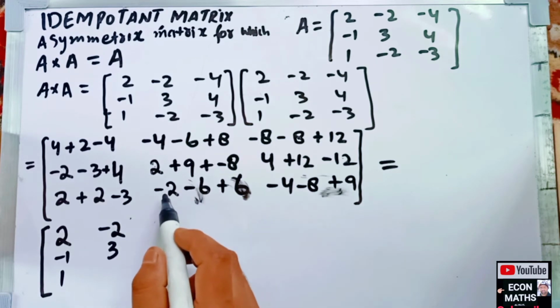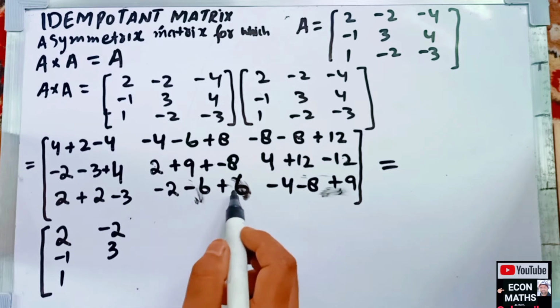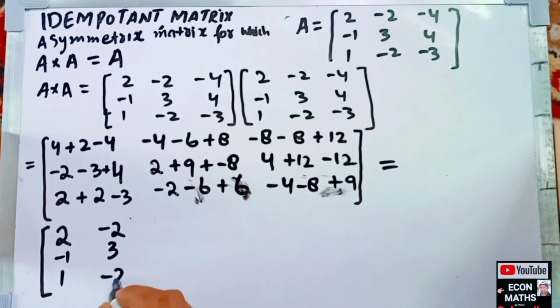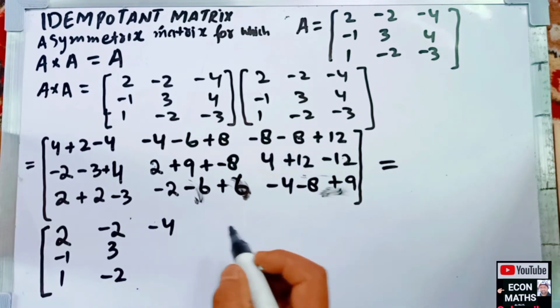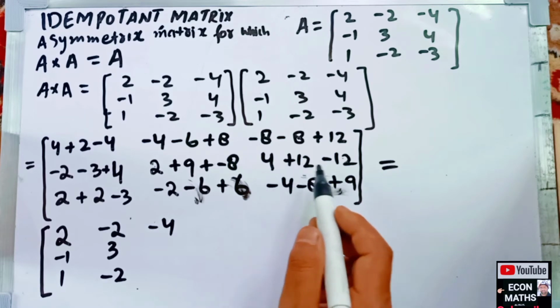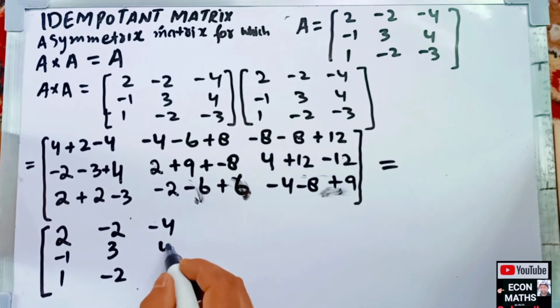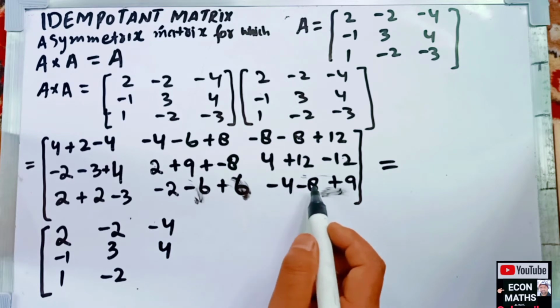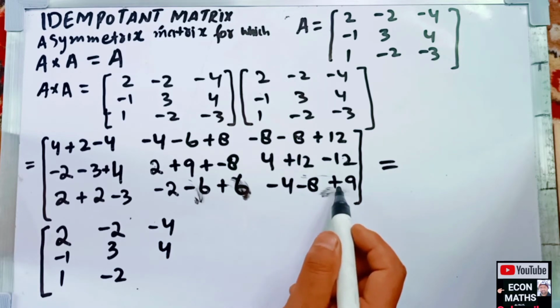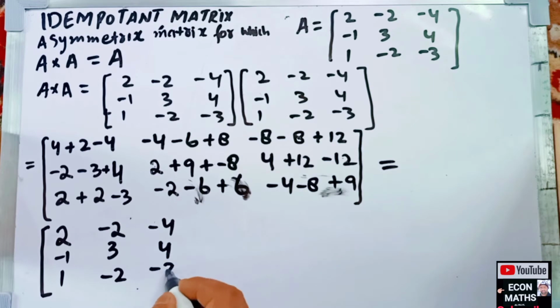Similarly, minus 6 minus 2 is minus 8, plus 6, that is minus 2. Here minus 8 is minus 16, plus 12, that is minus 4. And 12 plus 4 is 16, minus 12, that is 4. And minus 4 minus 8 is minus 12, plus 9 gives us minus 3.